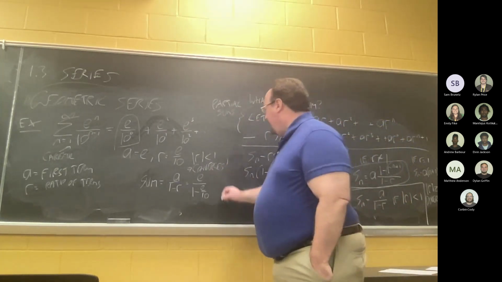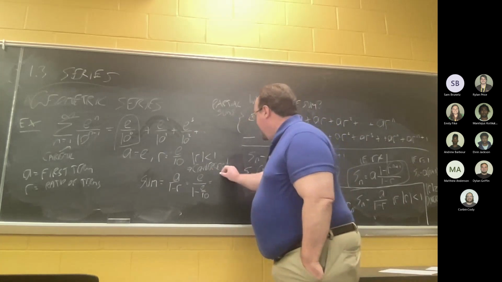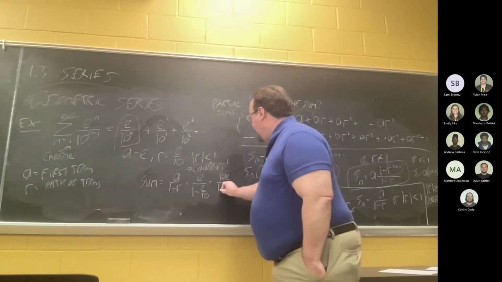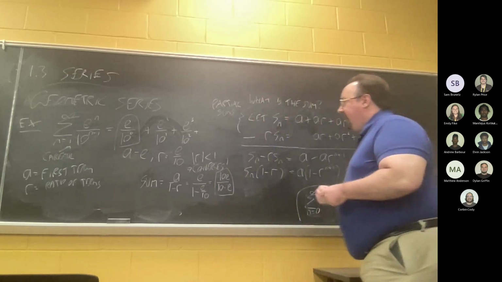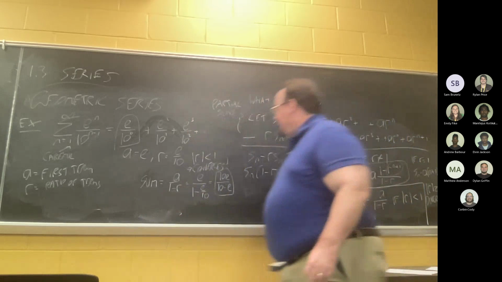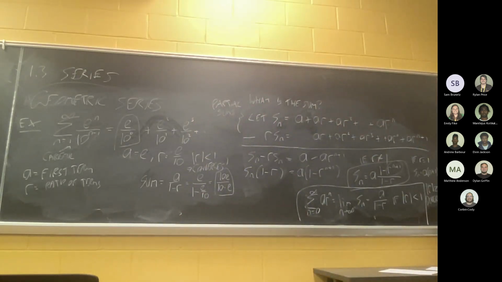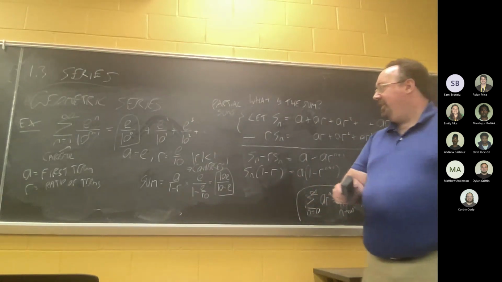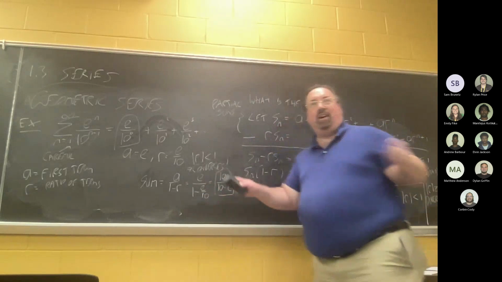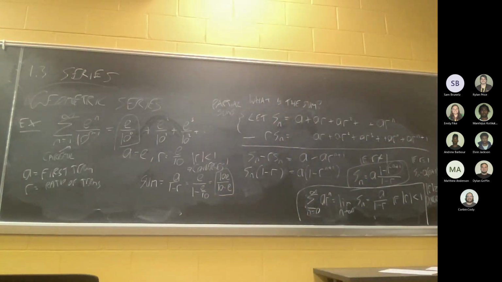For example, if you multiply top and bottom by 10, you get 10e over 10 minus e, and that's the sum. So: first term, ratio of terms, check r is less than 1 in magnitude, formula, done. That's most of the second homework: wash, rinse, repeat.